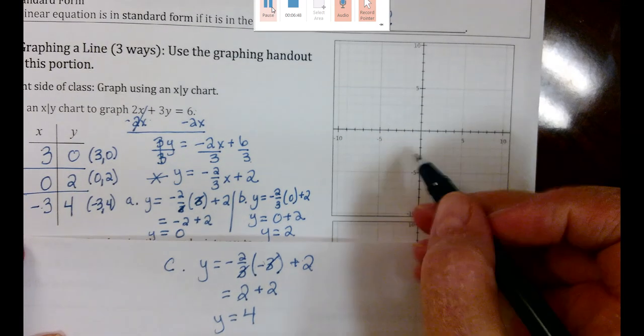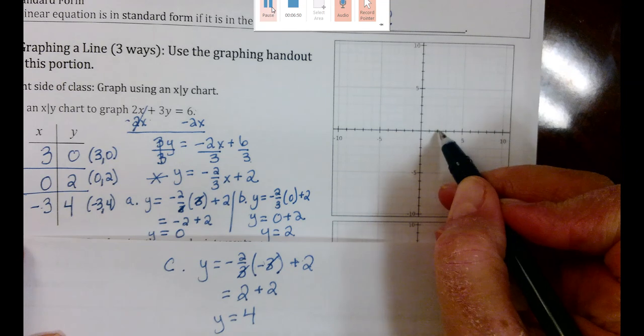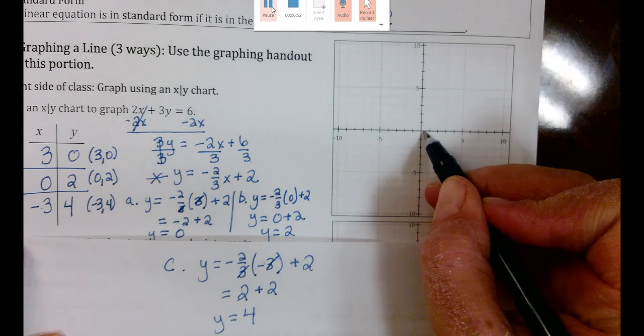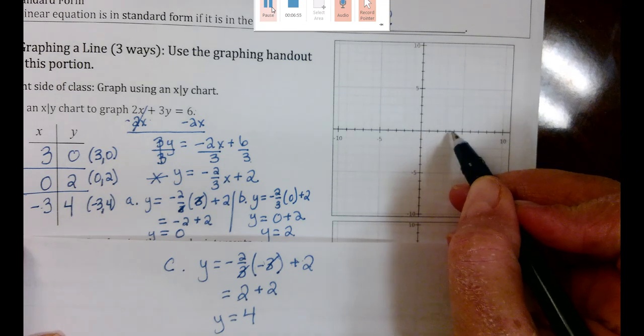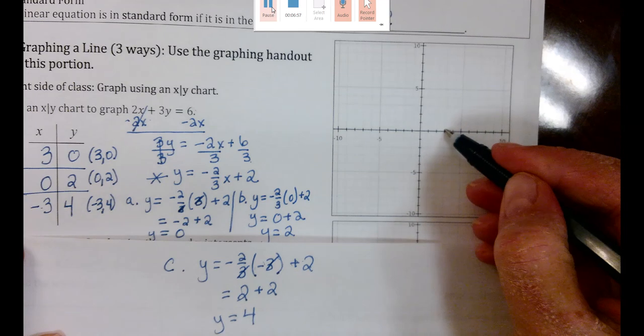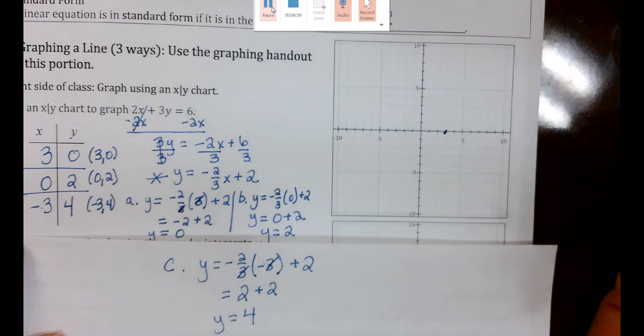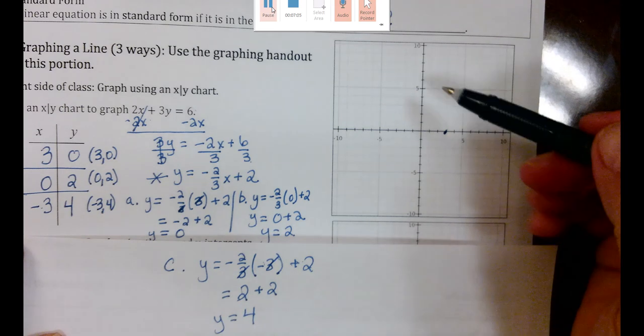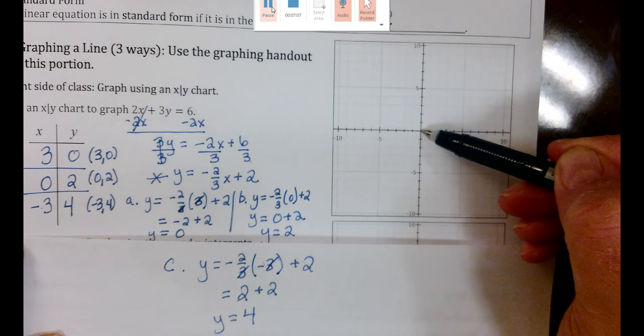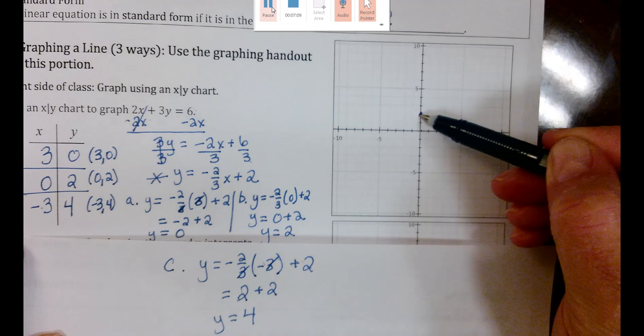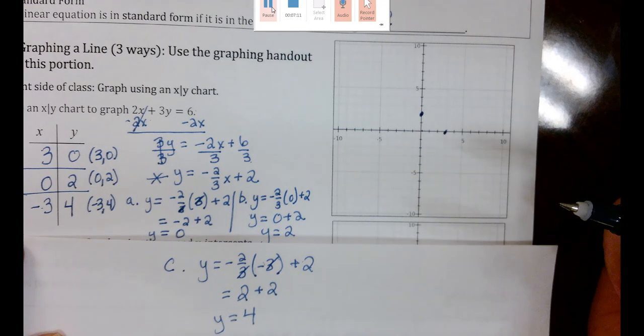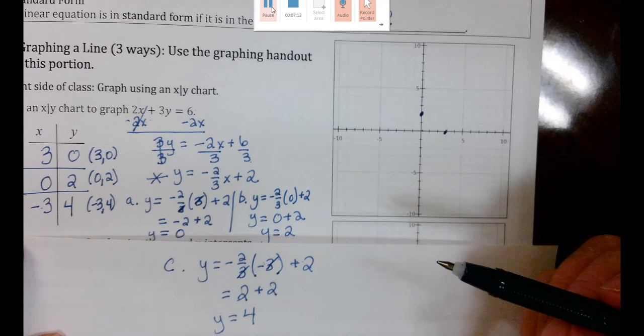So our first point is 3, 0. So starting at the origin, I'm moving over 3, 1, 2, 3. And 0 doesn't go up or down. Okay. Starting at 0, I'm moving up 2. And then -3, 4.